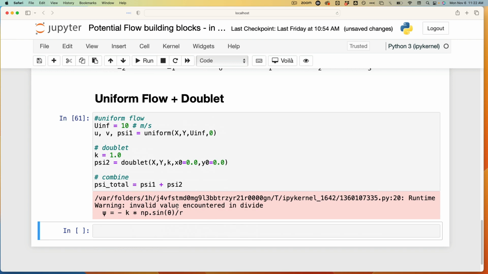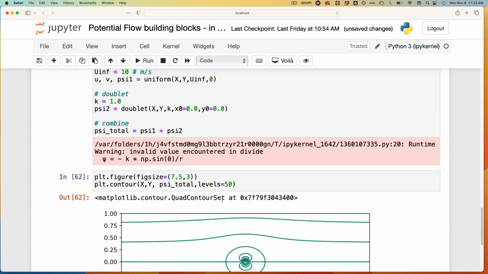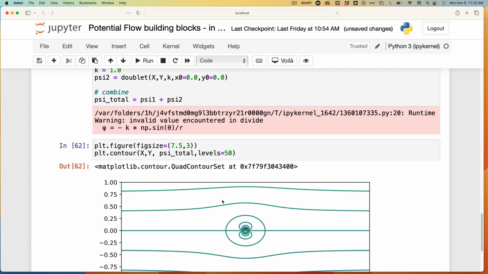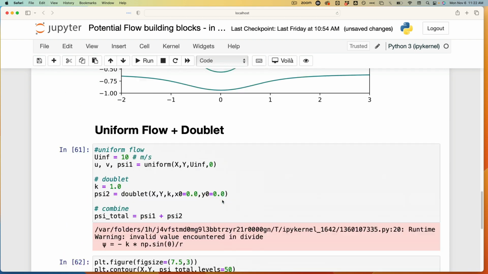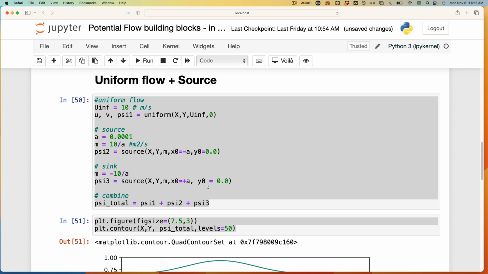Oh, look at that. Invalid value encountered in divide. Whatever. I don't care about you. Yay, so it's a nan. So what? It still computes. If it bothers you, go add a small number here.